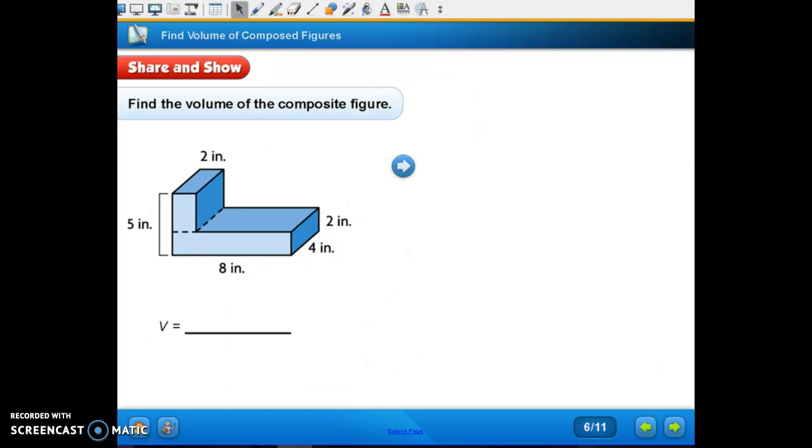Okay, this is number 1 on the Sharon Show, page 489. I'm going to let you go ahead and work on this on your own. The only thing I think you really have to figure out is the length of this.